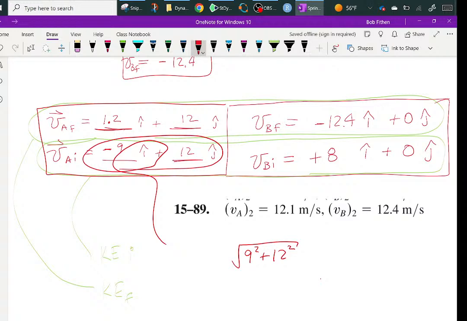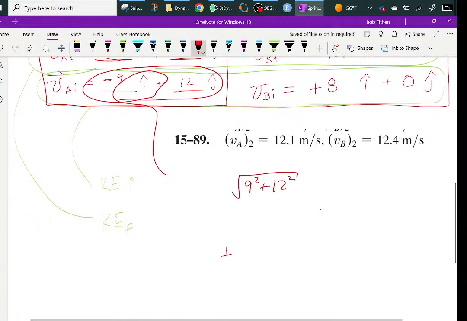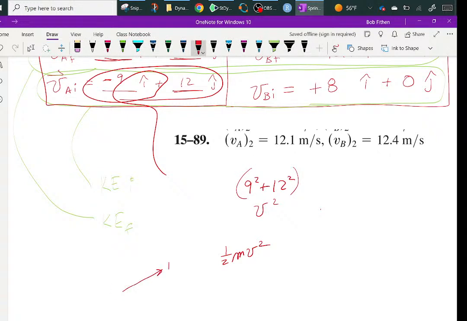But if you look at the kinetic energy, it's 1/2 mv squared. So that means that is v squared. So in other words, if I had some speed that was like this, and this was 12, and this was 9, the actual speed is this.